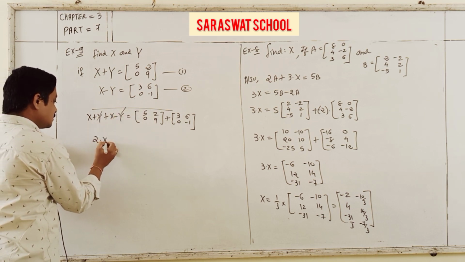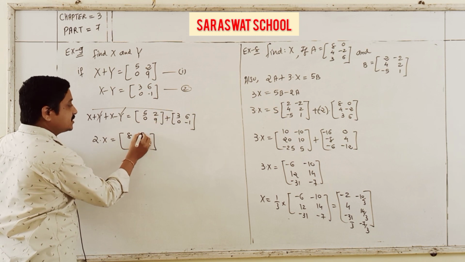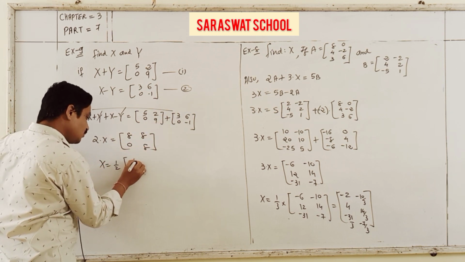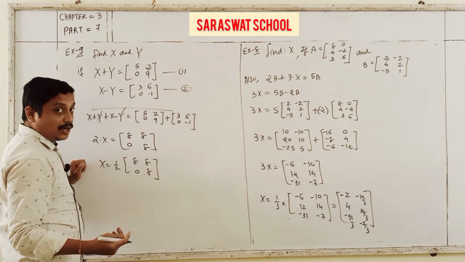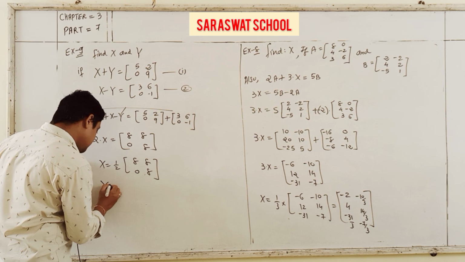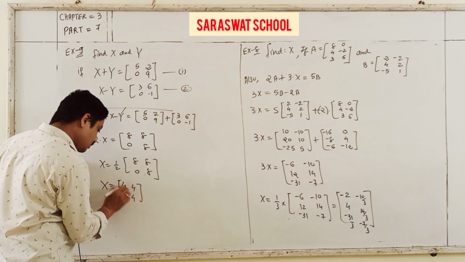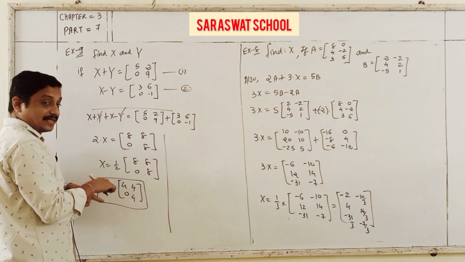Twice X. Here you add 5 and 3 is 8, 6 and 2 is 8, 0 and 0 is 0, 8. So divided by 2: 4, 4, 0, 4. Only you add. So X becomes 4 4 0 4. That's your total answer.